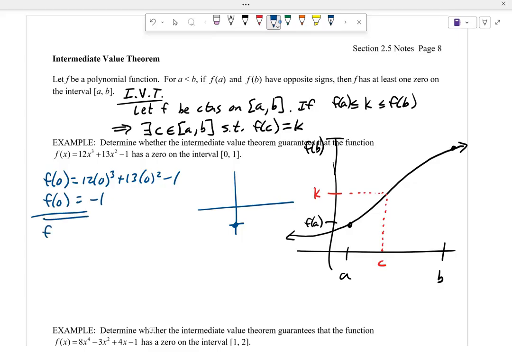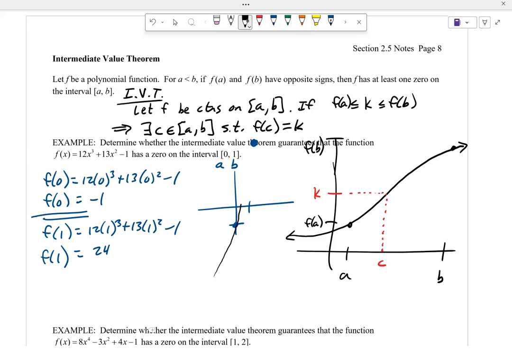Now let me throw in the b value. It goes from a to b, my b value is 1. When I throw 1 in, I get 12 plus 30 is 25 minus 1, I get 24. So f of 1 is way up here at 24. But remember, this is a polynomial, so it's got to be smooth and continuous.